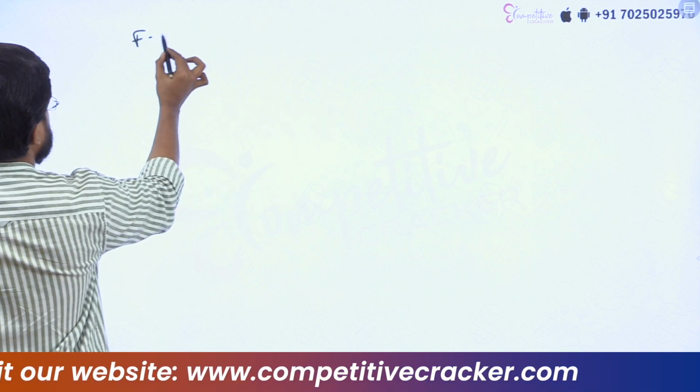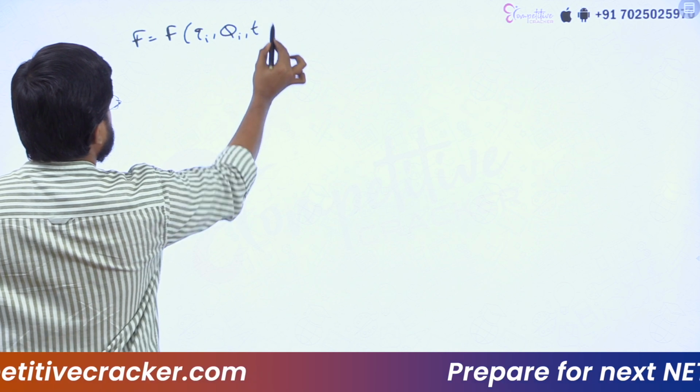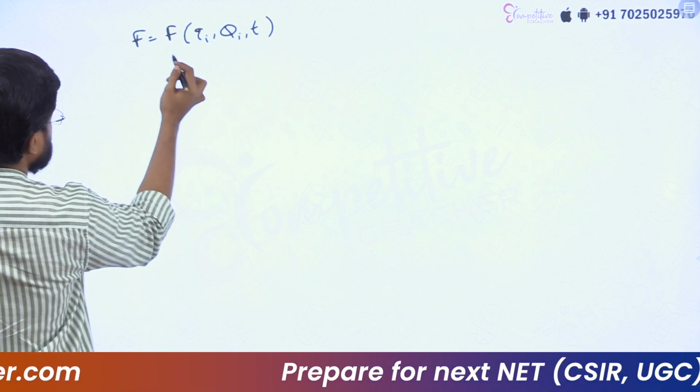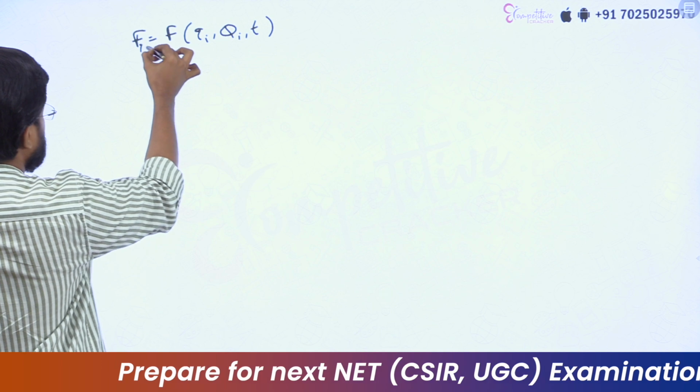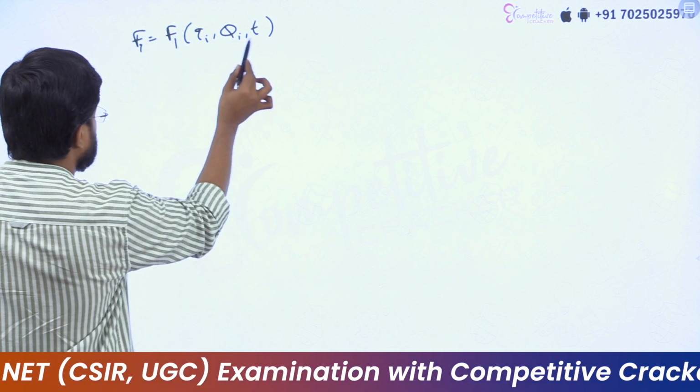So that means for F, here F is equal to F of q, Q, t. This you may have read as F1. So it is F1 of q, Q, t.